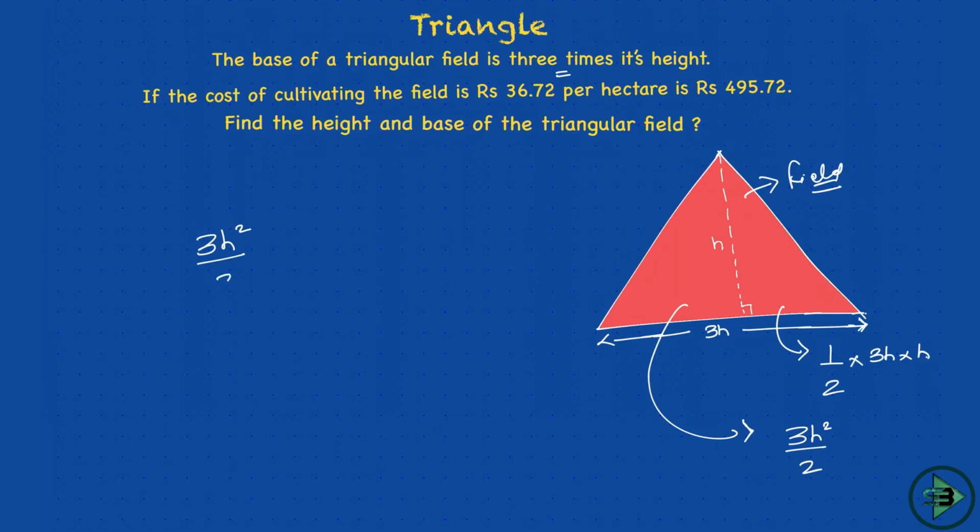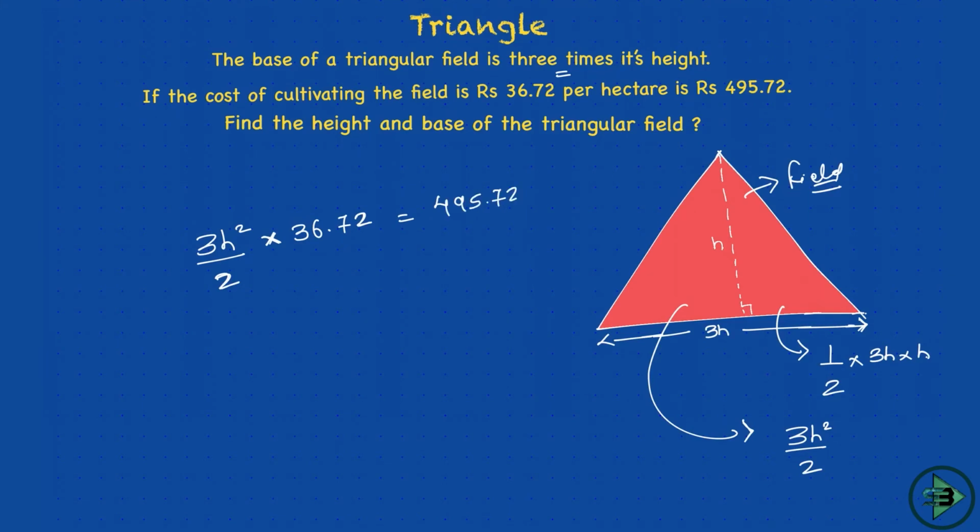So I'll say this is the area of the field. The area of the field into the cost required to cultivate per meter square of the field is this, and the total cost for this is nothing but 495.72.